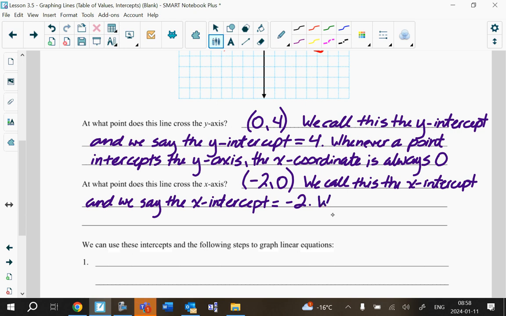Similarly, whenever a point intercepts the x-axis, the y-coordinate will always be 0.